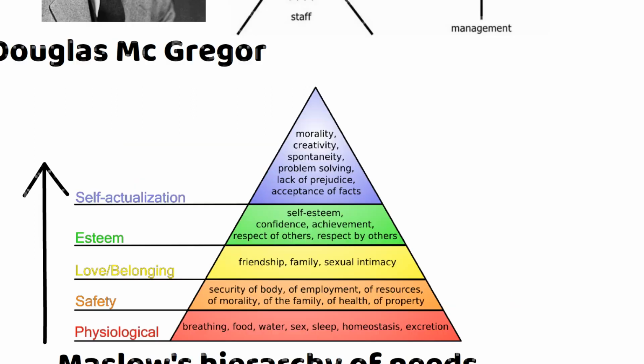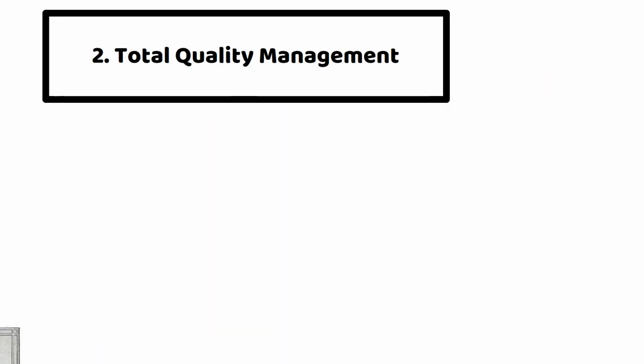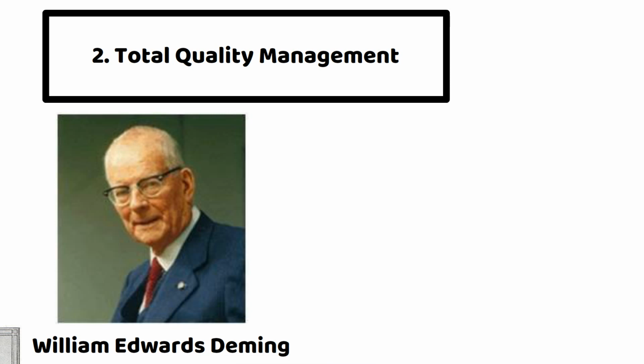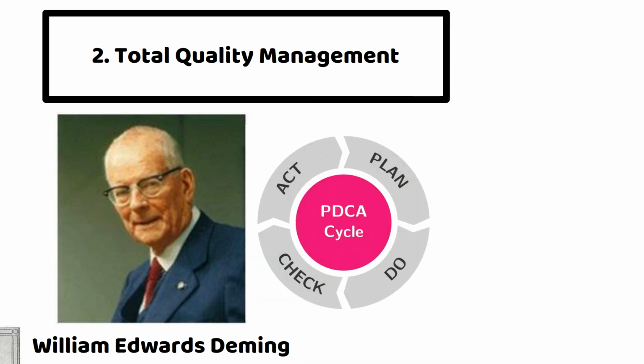We discussed the total quality management concept, which was proposed by William Edwards Deming. He gave 8 principles of total quality management. He also proposed PDCA cycle, which is also called Deming wheel or the Deming cycle.